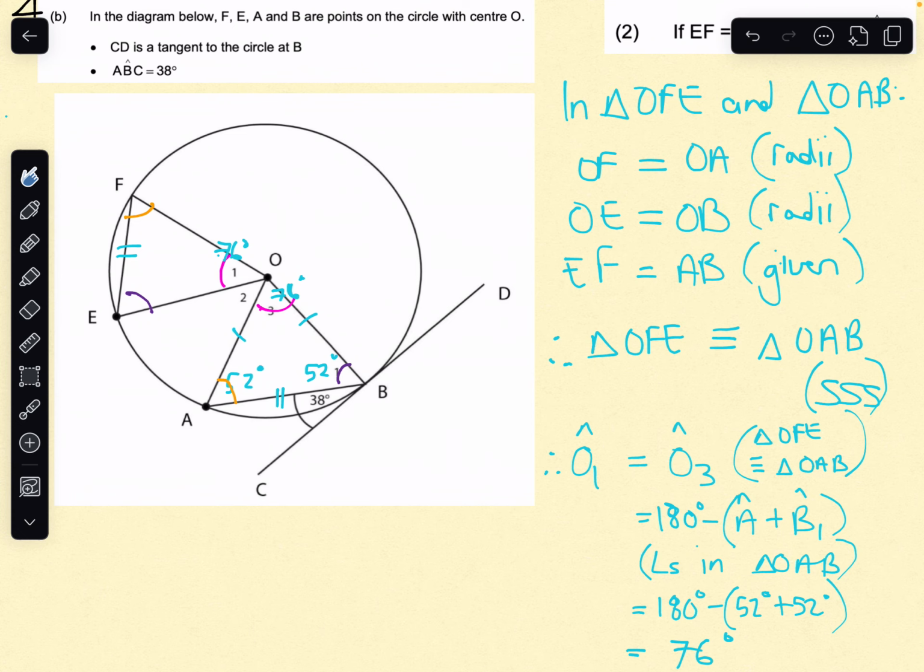And then they say O1 is equal to 76 because equal chords subtend equal angles. So I'm guessing then the theorem doesn't speak specifically to subtending angles at the circumference. It's just subtending angles anywhere. So I guess subtending it to the center as well is covered by the theorem. So actually, I would have saved myself a lot of writing if I had known that. But anyway, we arrived.